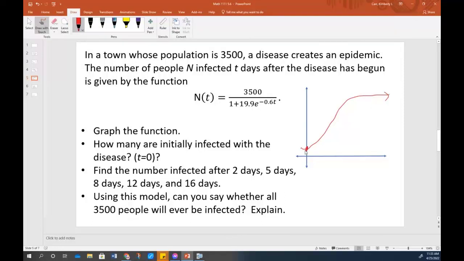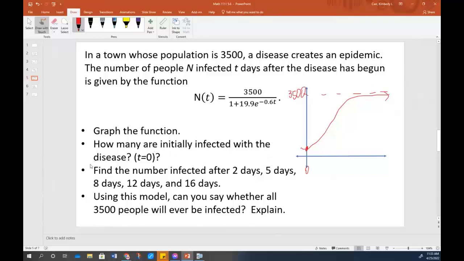And this is the value it starts at. So this is the value when your time is 0. So as t goes to infinity, they level off at a horizontal asymptote, and that horizontal asymptote will be this number up here, which is where we had an a in our original equation. So graph the function. This is kind of what it looks like.